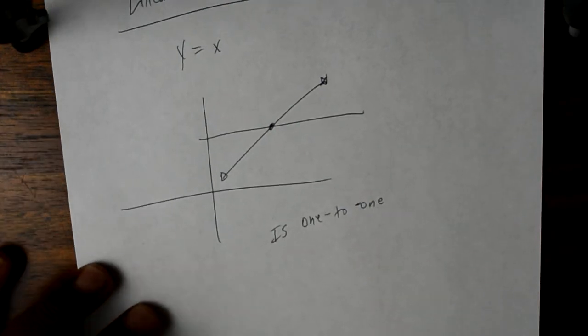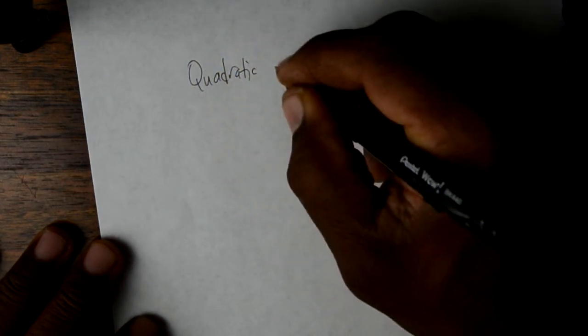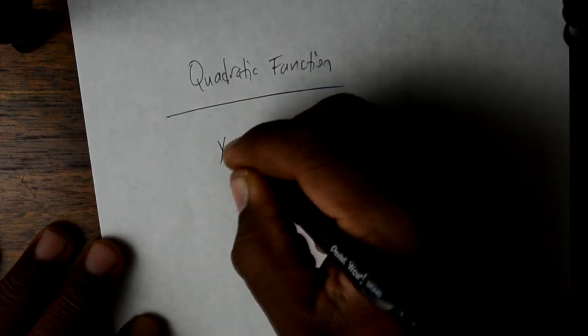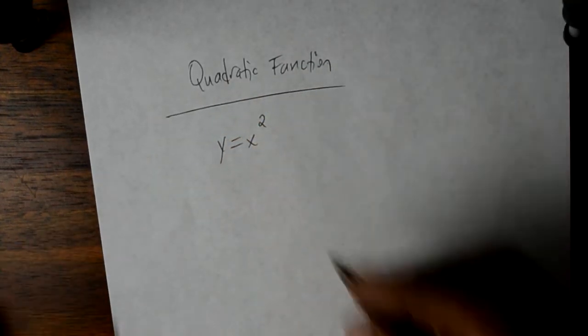Let's take a look at a quadratic function. The most general form of a quadratic function is y is equal to x squared.